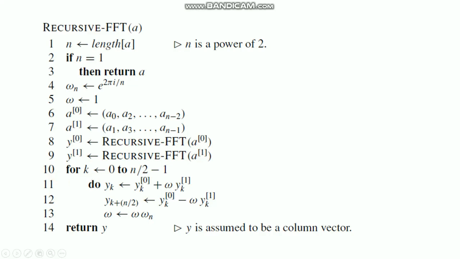Okay. So dito na mismo yung paglalagay natin ng values dun sa y. So yung pagpasama natin ng mga values nila. So yk is equal to yk0 plus wyk1. Bale yung even value ng y na yun plus yung odd value ng y na yun multiplied by w.